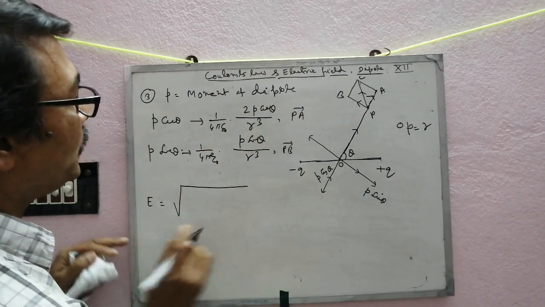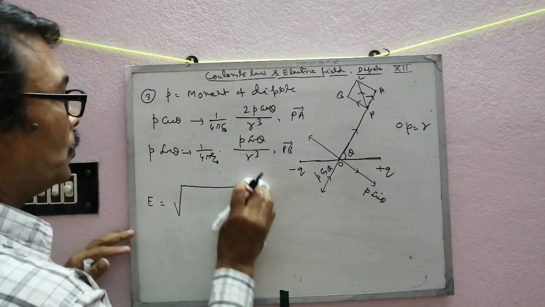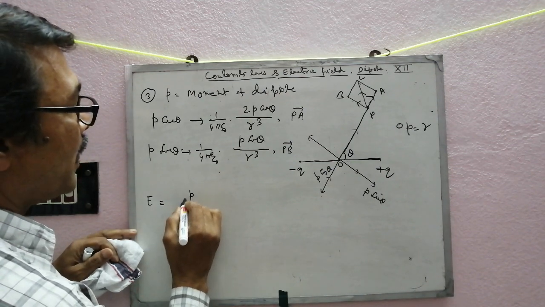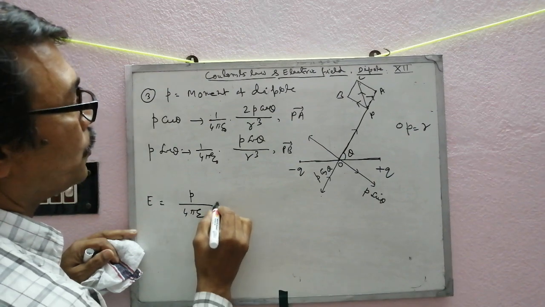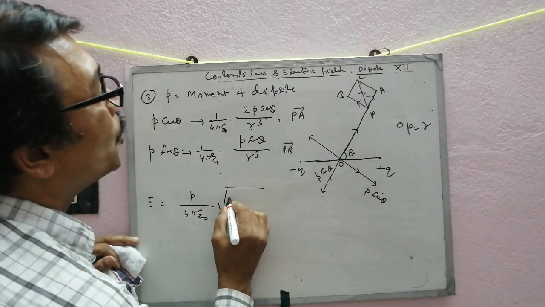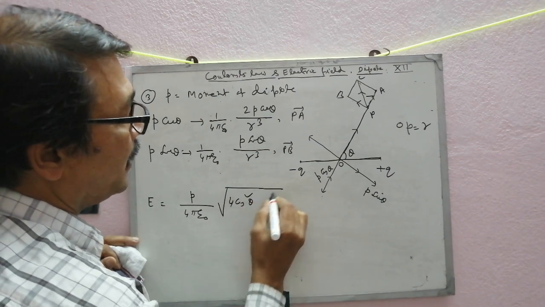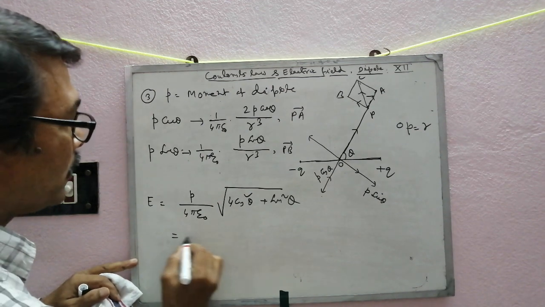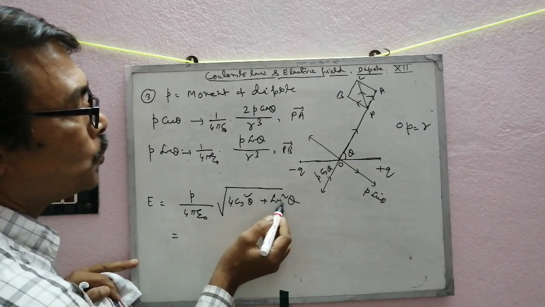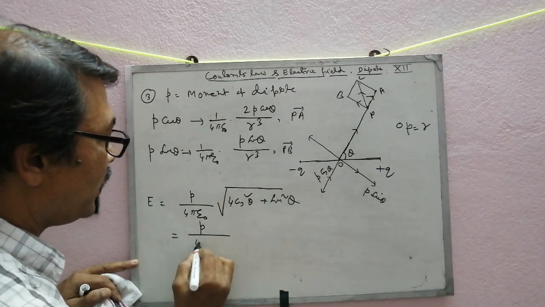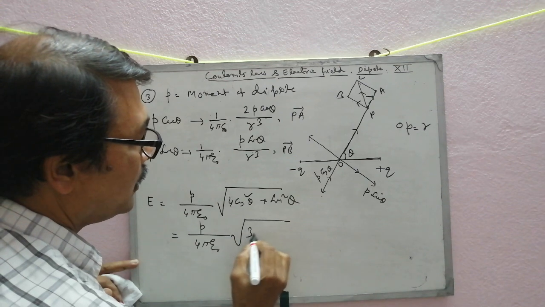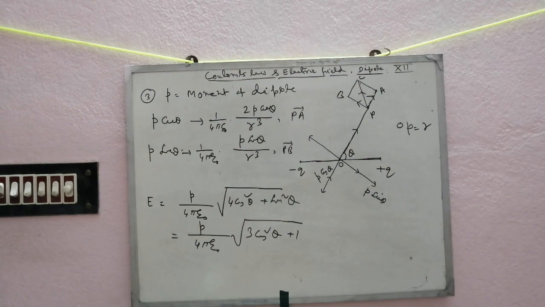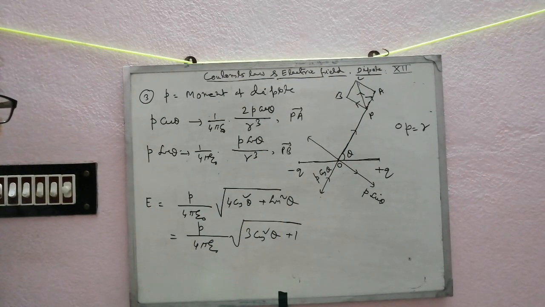In a simple way, we get P by 4 pi epsilon naught root over 4 cos square theta plus sin square theta. If we convert sin square theta into 1 minus cos square theta, the final result will be root over 3 cos square theta plus 1, and the direction is towards PC. Clear?